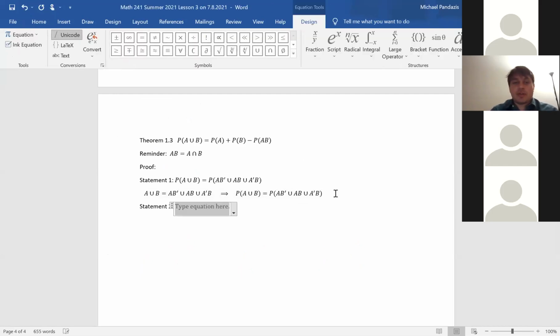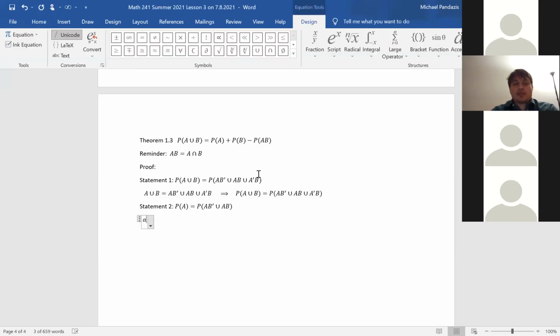Okay, so statement 2 is going to be P of A is equal to P of AB prime union AB.